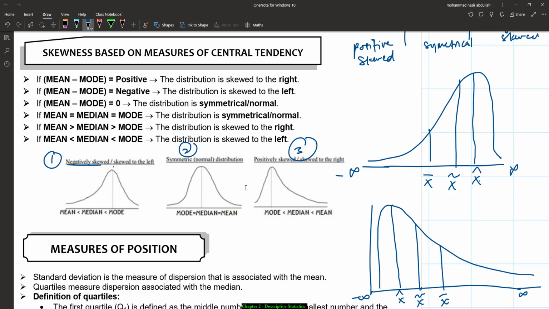If the value of mode is smaller than median, than mean, then it's skewed to the right distribution, or positively skewed. If the value of mode is equal to median, equal to mean, these three values are equal, then it's a symmetrical distribution or normal distribution. Can you understand?